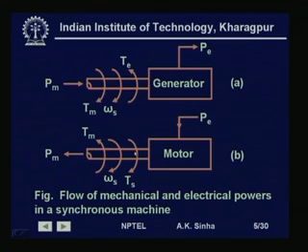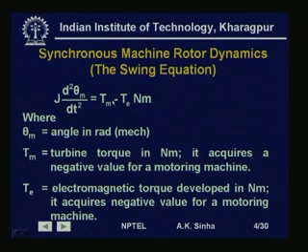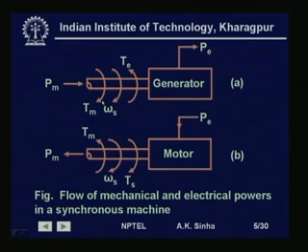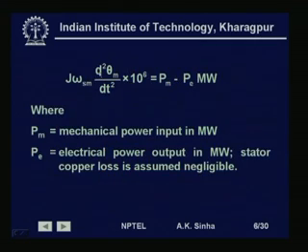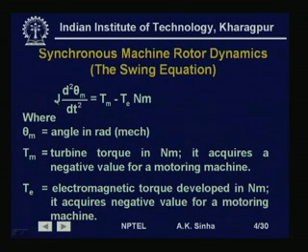So, going back here, whenever there is a difference in these two torques, that is the torque Tm and Te, if Tm is more than Te, then this rotor shaft is going to accelerate, and this acceleration will be given by this relationship, J d2 theta m by dt2, where d2 theta m by dt2 is basically the acceleration that we have.